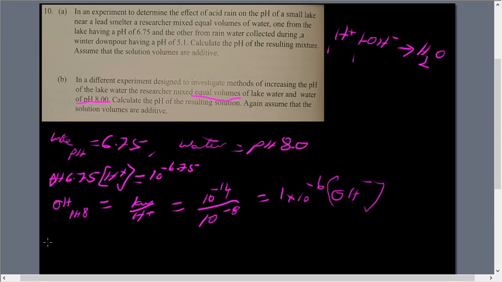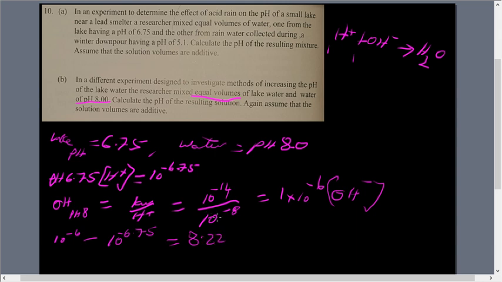So the concentration of hydroxide remaining is going to be equal to the number of moles of hydroxide that we've added here minus the number of moles of hydrogen, sorry, and then divided by 2. So we've got 10 to the minus 6, subtract 10 to the minus 6.75.